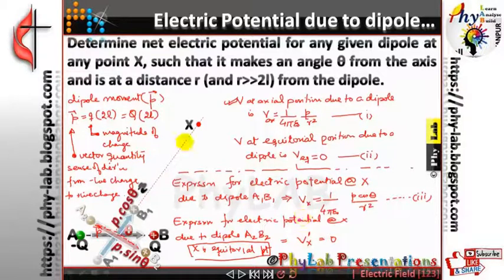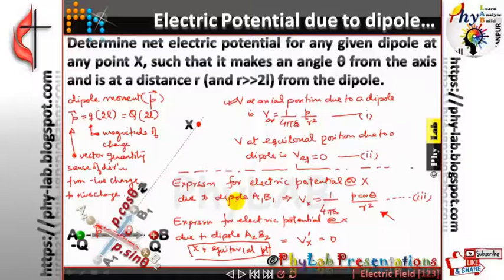So at point x I have got two electric potentials. One due to dipole A1B1, another due to dipole A2B2. And these two dipoles were obtained by resolving our original dipole AB.